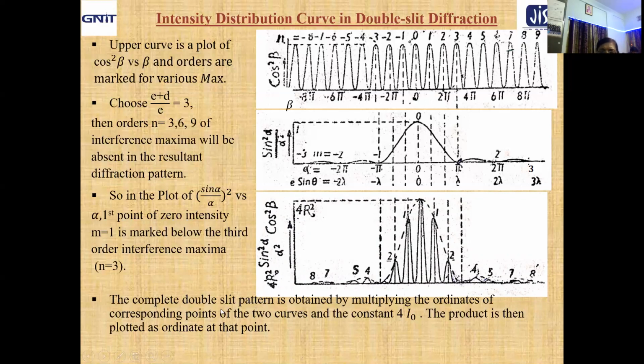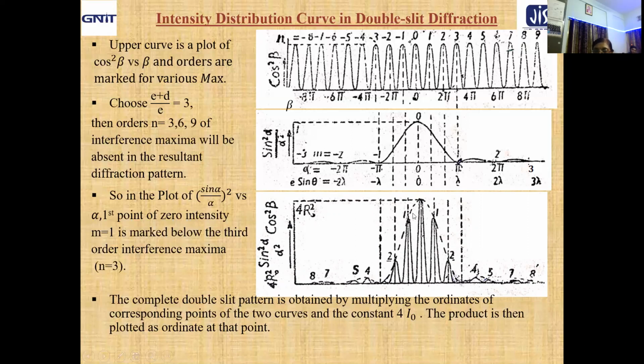So the corresponding double slit pattern is obtained by multiplying the ordinates of corresponding points of the two curves and the constant 4I0. The product is then plotted as ordinate at that point. Okay. So these two curves, ordinates point to point, you are matching. By multiplying them with 4I0, you will get the final intensity pattern for double slit.